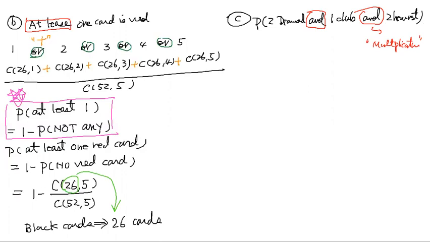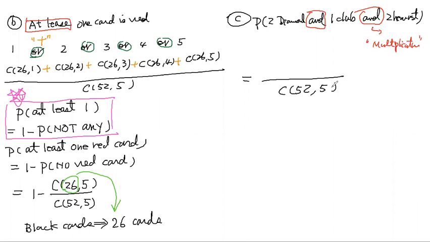Okay, so now let's take a look at our answer. Our sample space is still C(52, 5), taking 5 cards here, right?